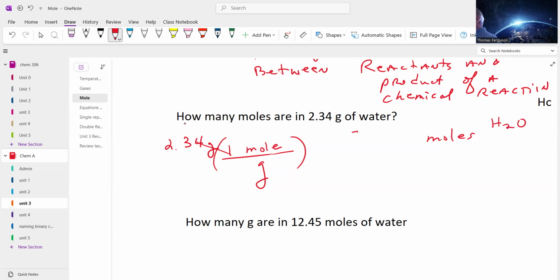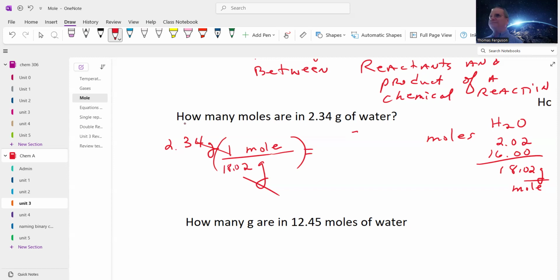So 2 H's and 1 O. H's are 1.01 apiece, and oxygen is 16. So that's 18.02 grams per mole. Grams cancel, leaves us moles.